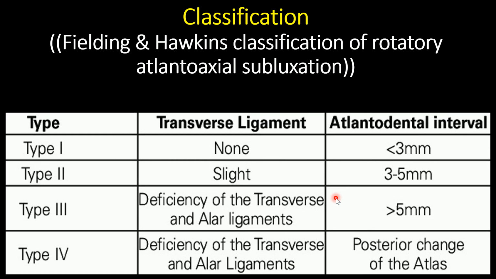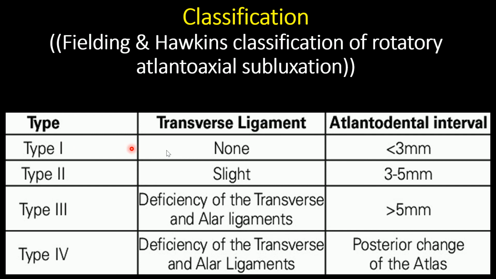The classification of atlantoaxial rotatory subluxation depends on the transverse ligament integrity, the atlantodental interval, and the direction of dislocation, whether there is posterior displacement or not.